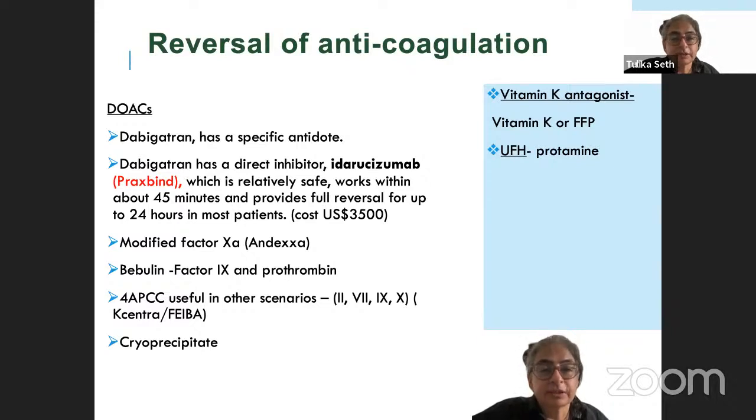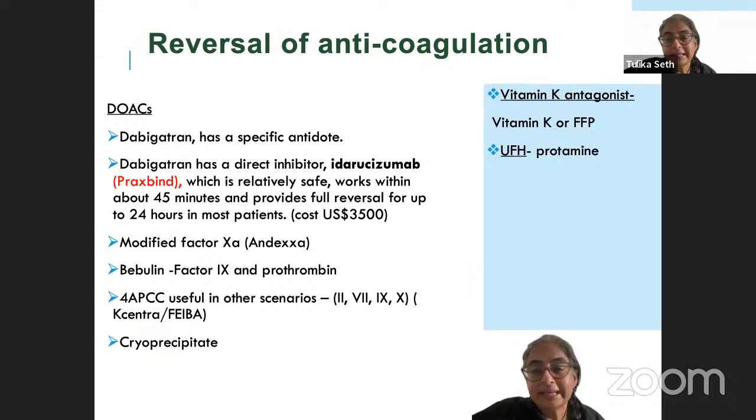So that's something that you have to remember, that you can't reverse it simply by giving FFP or vitamin K. There is a modified 10A inhibitor. And the other thing that can be used if you're not able to use these specific inhibitors is that you can use 4-factor APCC, which contains factor 2, 7, 9, and 10. Sometimes you can use cryoprecipitate.